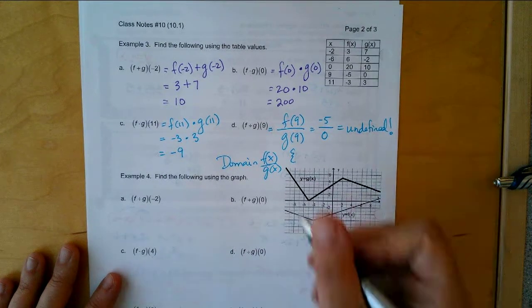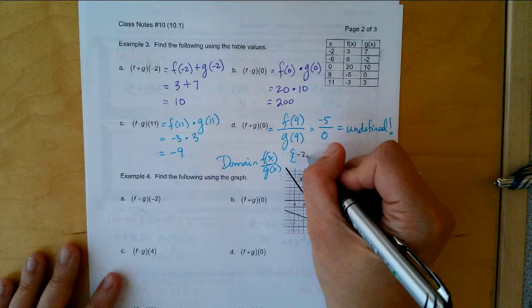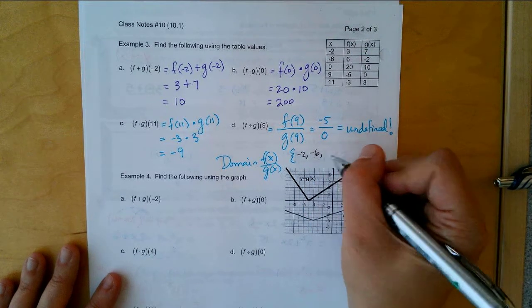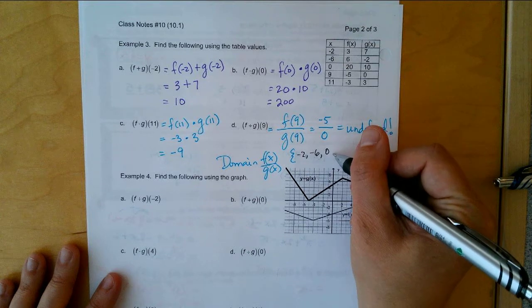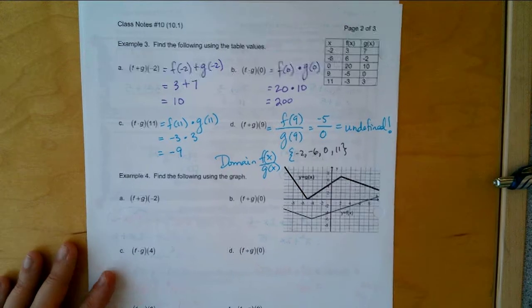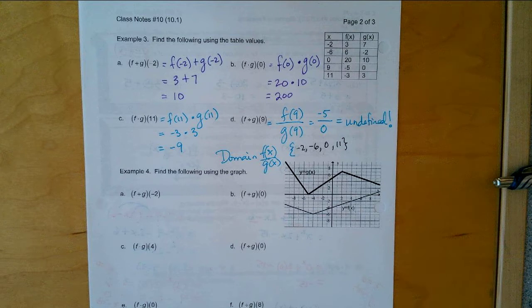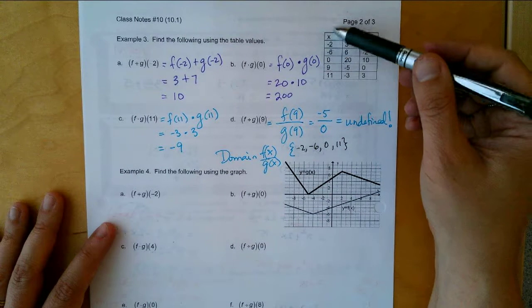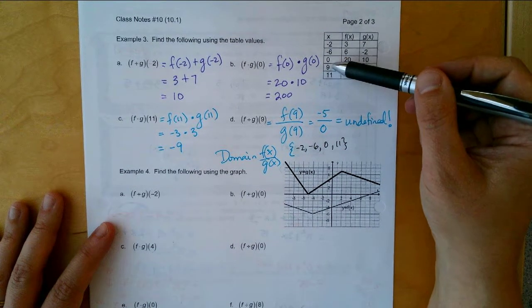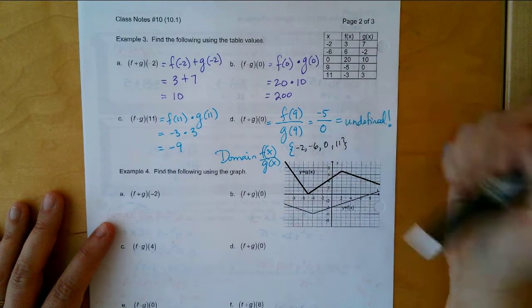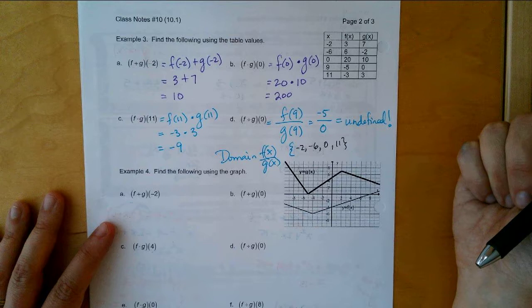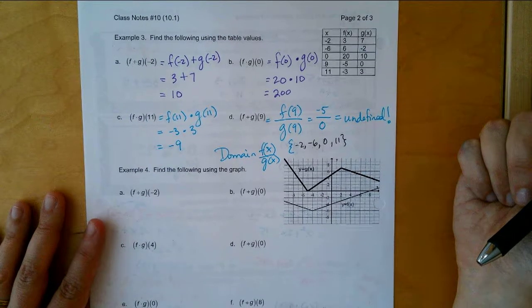That would be the domain. -2, -6, 0, and 11. So you see the difference? You wouldn't say all real numbers because these are the only x values that are given. You have to restrict the domain by not using g of 9 because otherwise, you will be dividing by 0 and you'll get undefined.